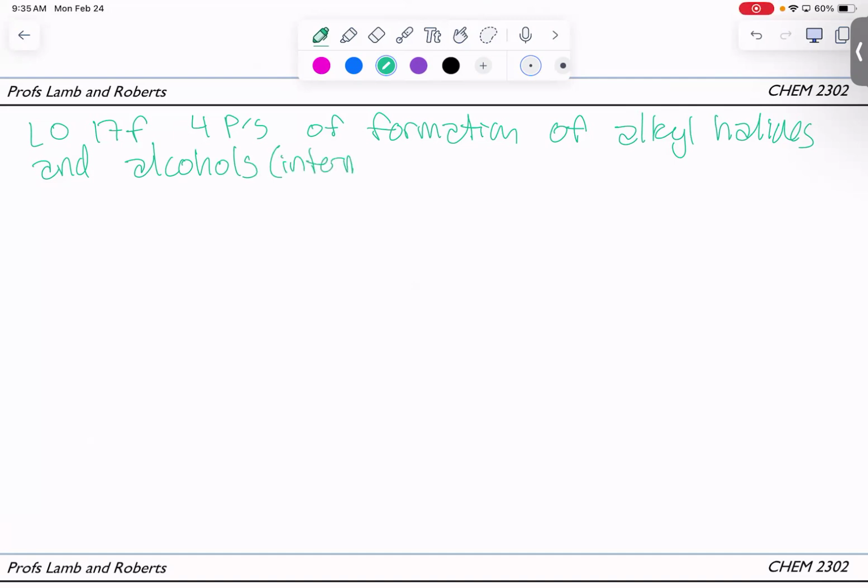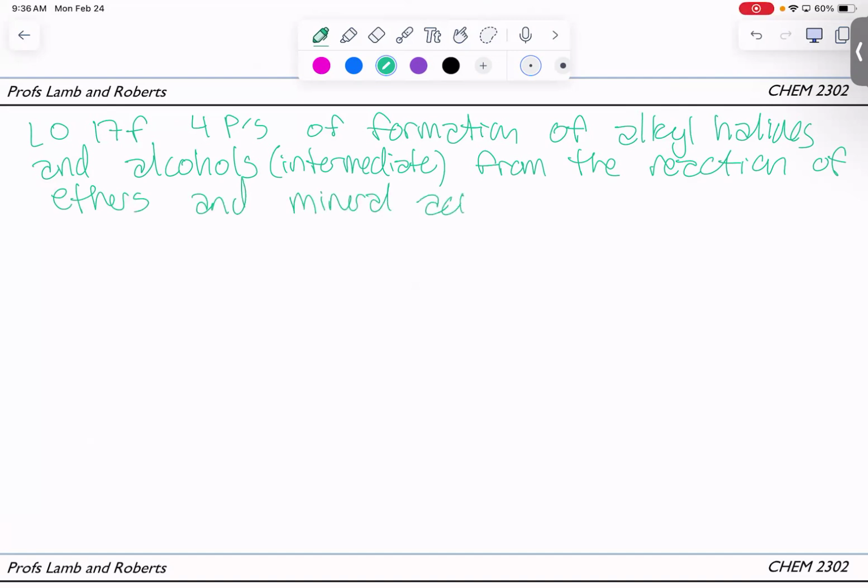So I'm going to add that to this learning objective, an alcohol intermediate. And this is from the reaction of ethers and mineral acids. So mineral acids are your run-of-the-mill HCl, HBr, HI, etc. So we just learned how to make ethers, and now we're going to learn how to use ethers.